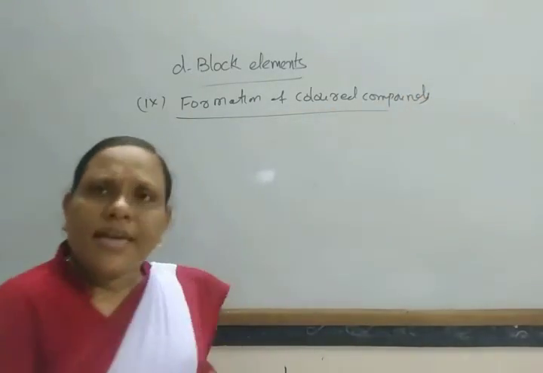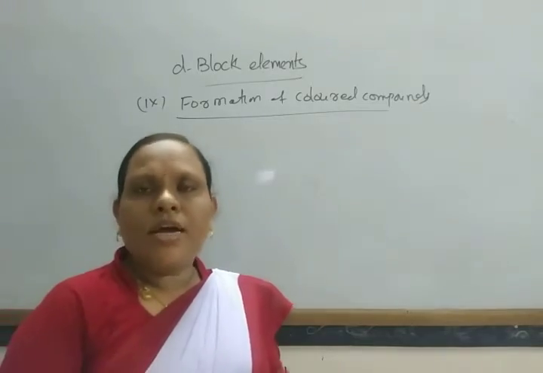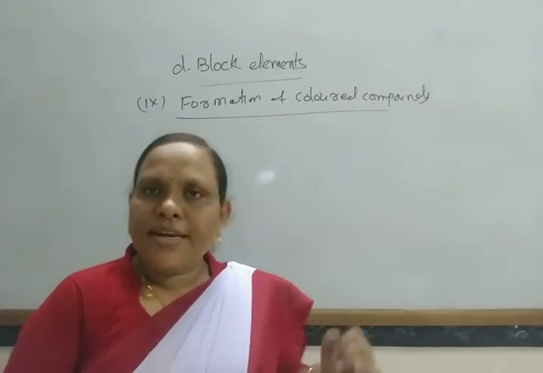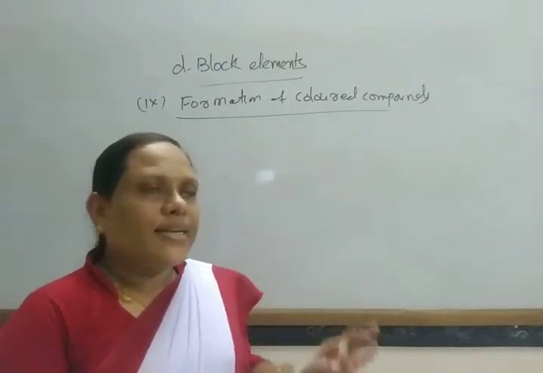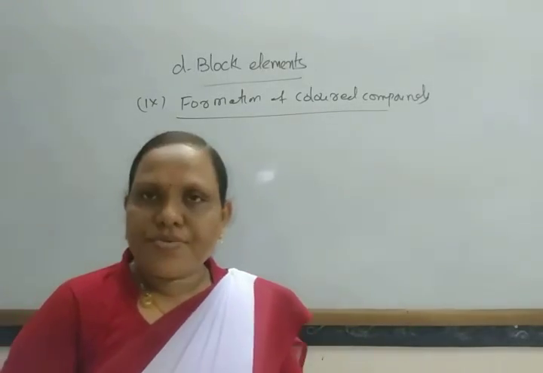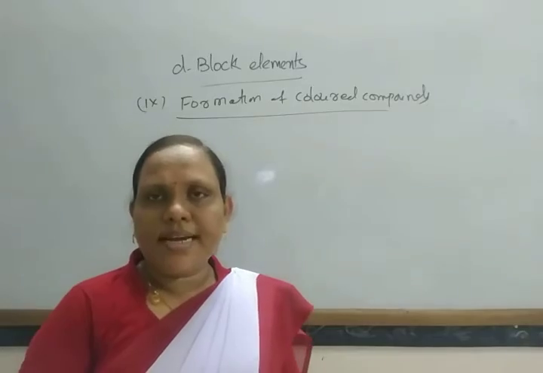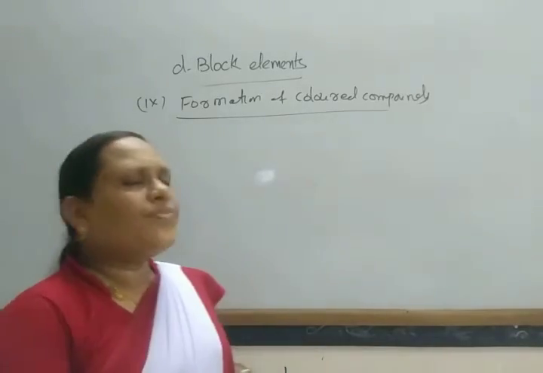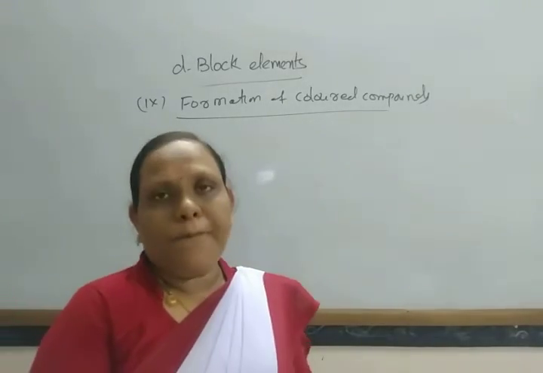So transition elements form complexes due to their vacant d orbitals, and their ability to affect effective atomic number, high nuclear charge, and high oxidation state. Due to all these, they form complexes.